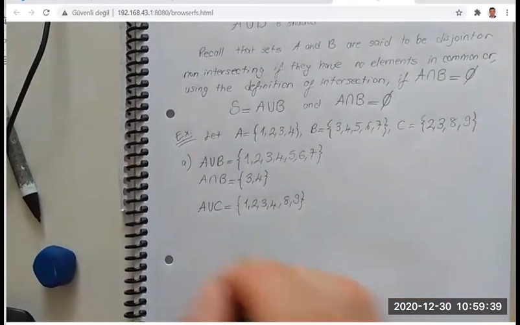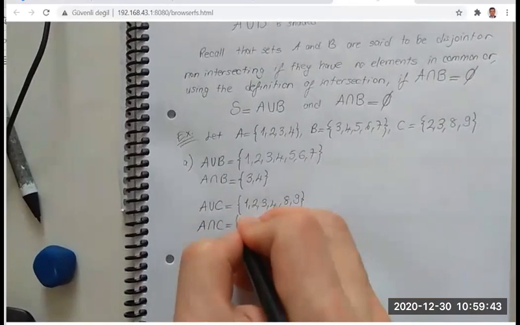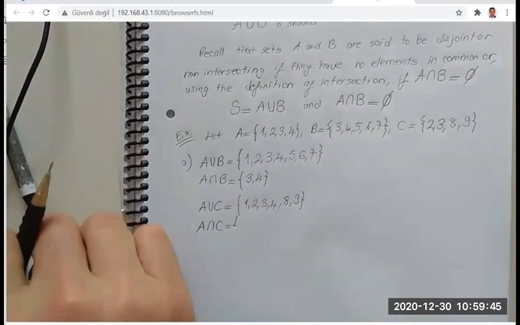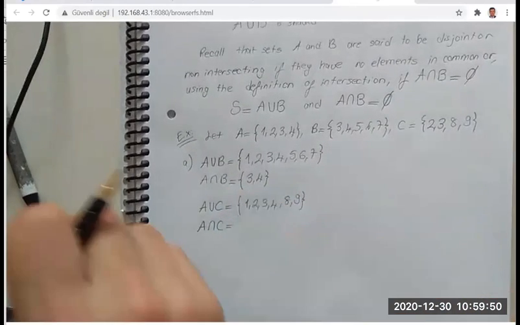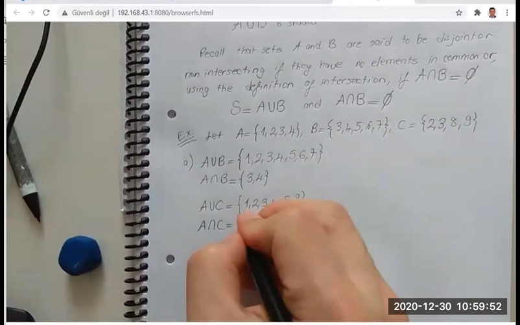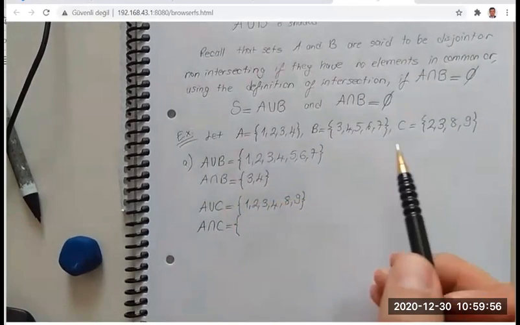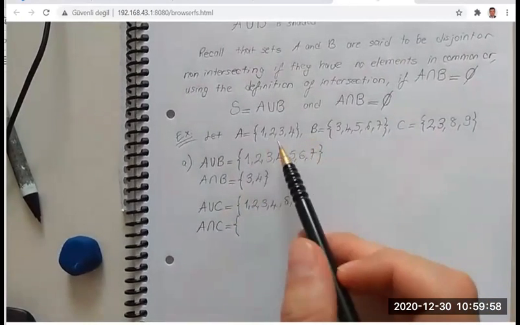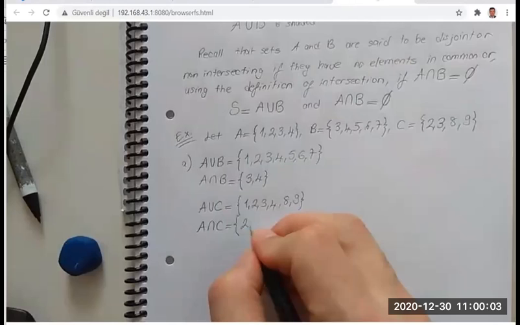Okay, A intersect C. What are those as common? 2 and 3. Yes, 2 and 3.